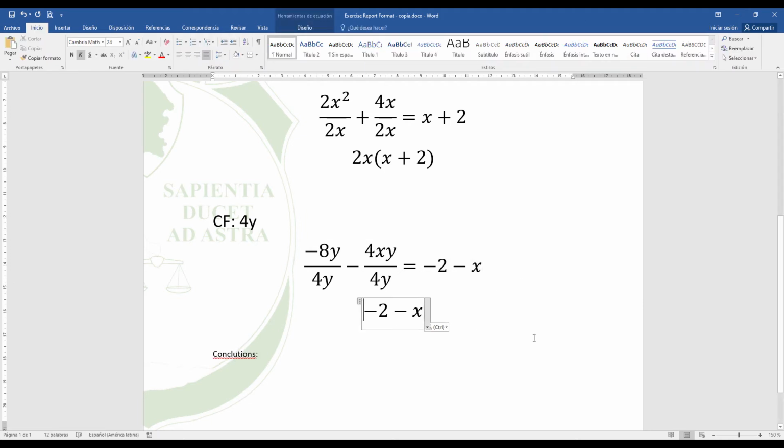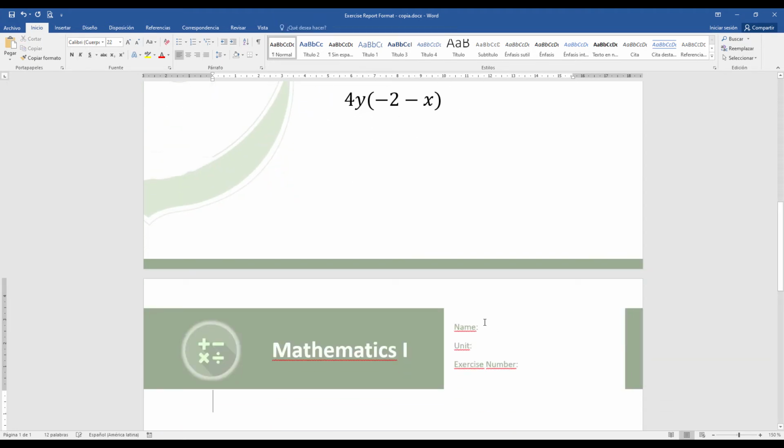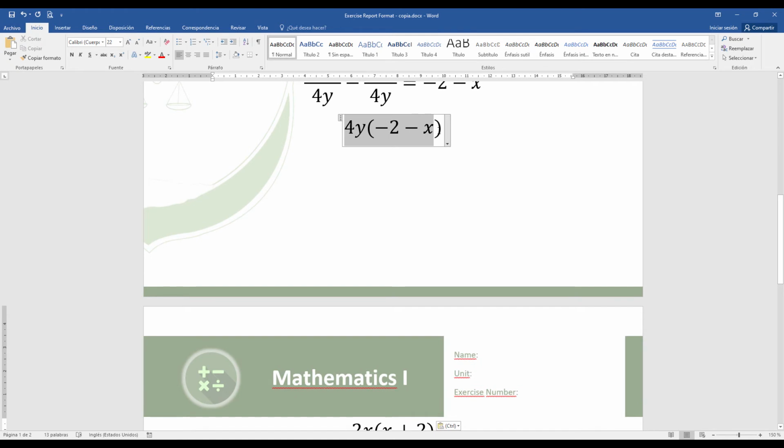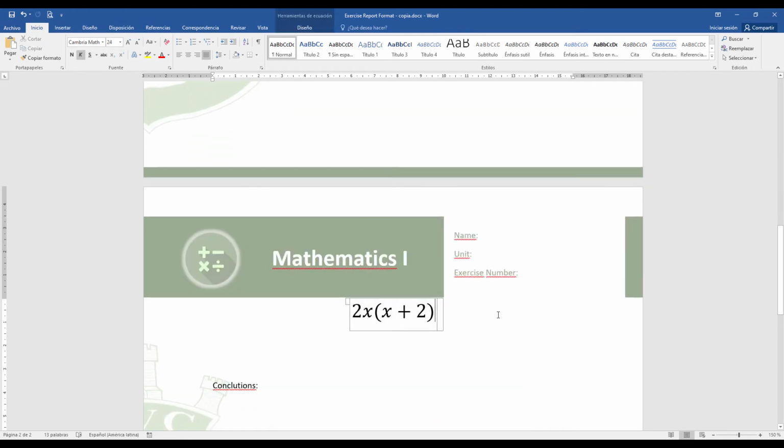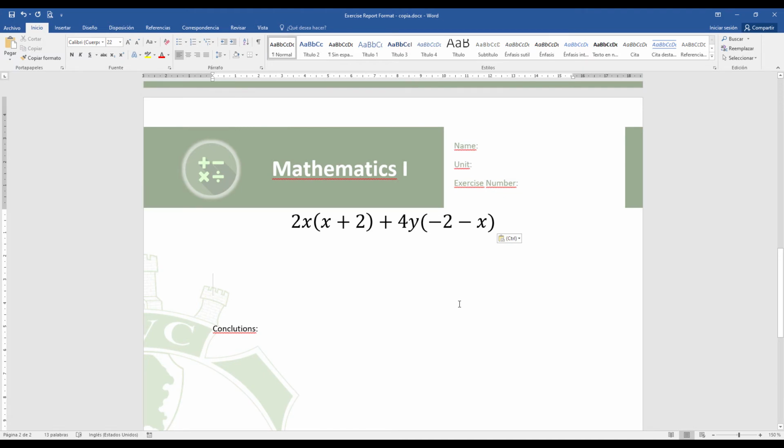Remember the result of that factorization is the common factor multiplying the result. And remember that you need to join the results here, but here you don't have a common factor again, but you can find one if you change something here.